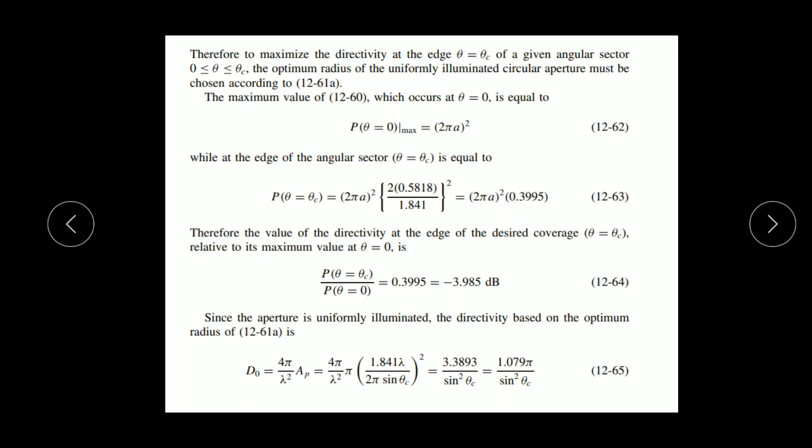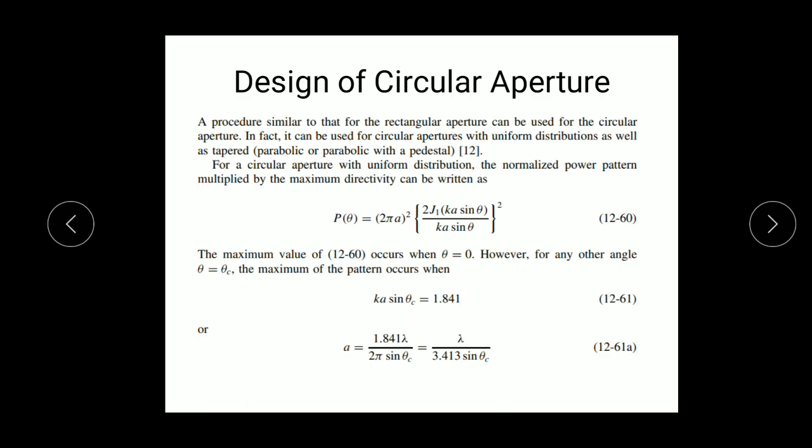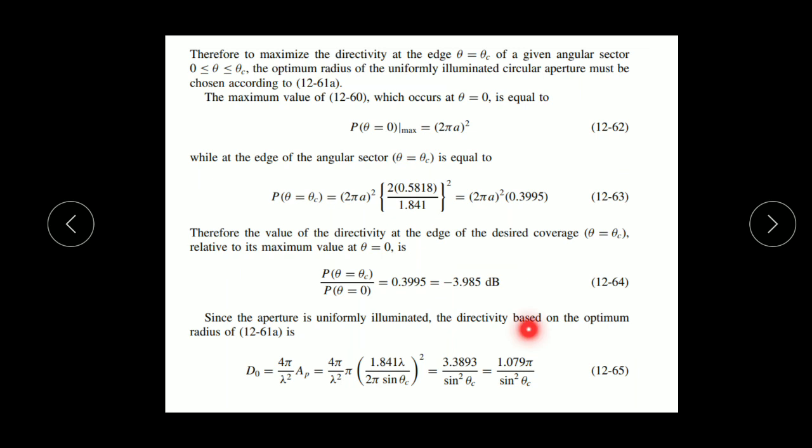So we put in this value, and from this we get the simplified equation of the directivity of the circular aperture.